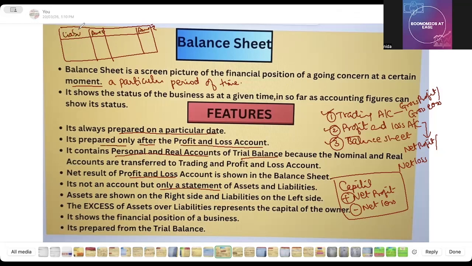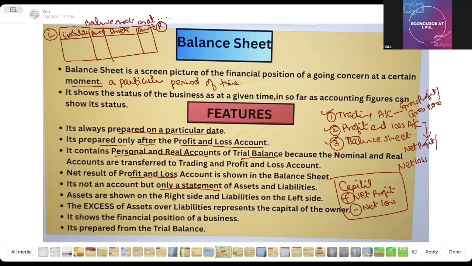Here you have the liability side, and here you have the assets, and this is your balance sheet as at the date you mention. If the date is not mentioned, you will just write as at dots, whatever is there. Assets are on the right hand side and liabilities on the left hand side. L for liabilities, L for left.